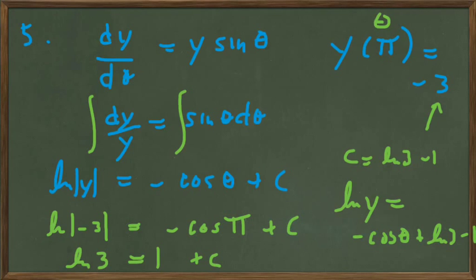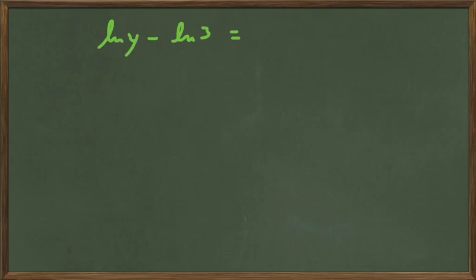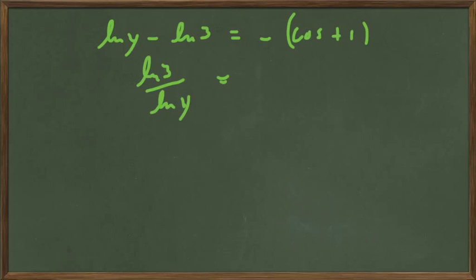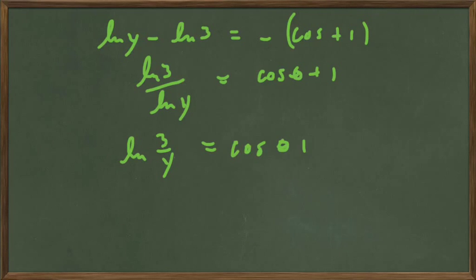Ln of y minus ln of 3 equals minus cosine of theta plus 1, multiply both sides by a negative. Ln of 3 over y equals cosine of theta plus 1.